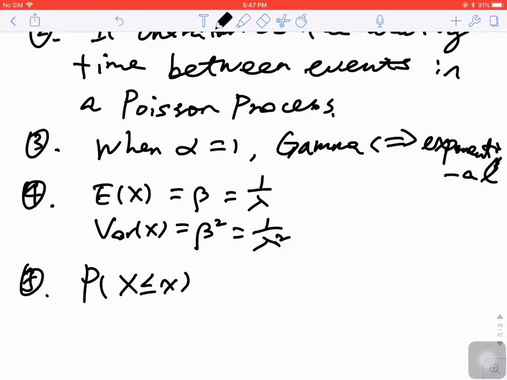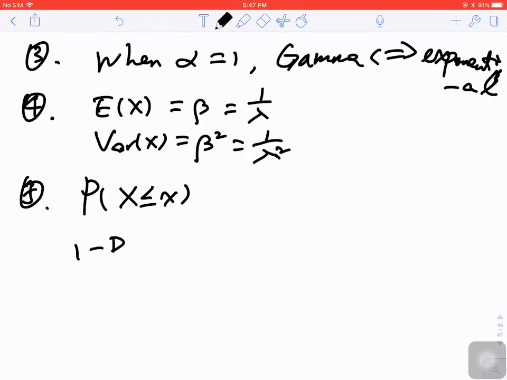But here, for the exponential distribution, we're more interested in this one. I can add an equal sign here because it's continuous, so it doesn't matter.